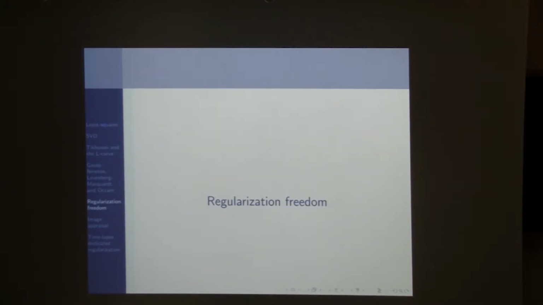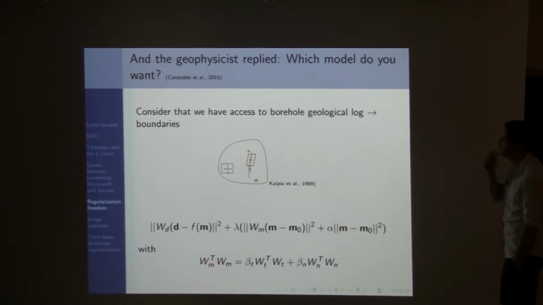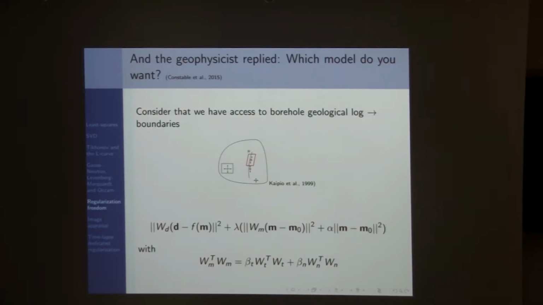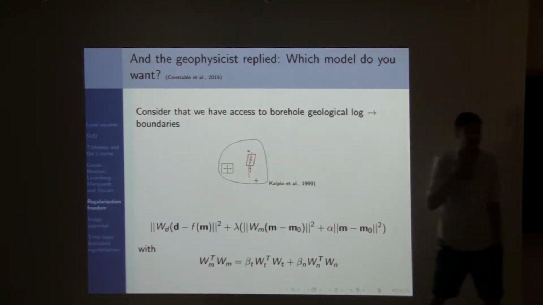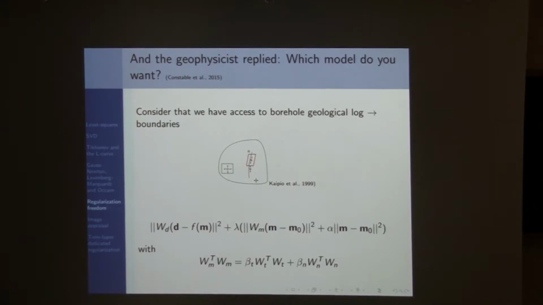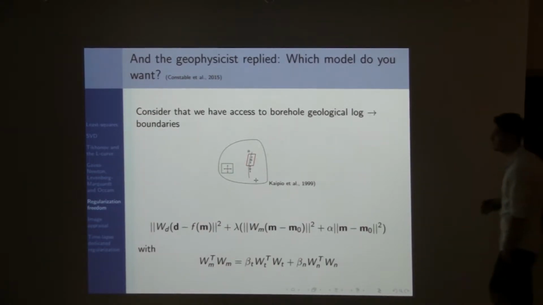So a little bit of regularization freedom. Basically, the geophysicist replied, as I said in the beginning, which model do you want? This is a bit what we're going to see now. Consider, for example, the case where you have access to borehole logs, and for example, some boundaries in your model.